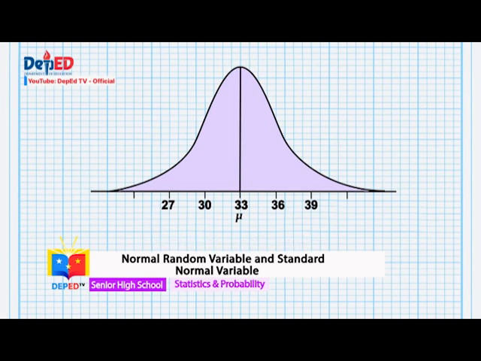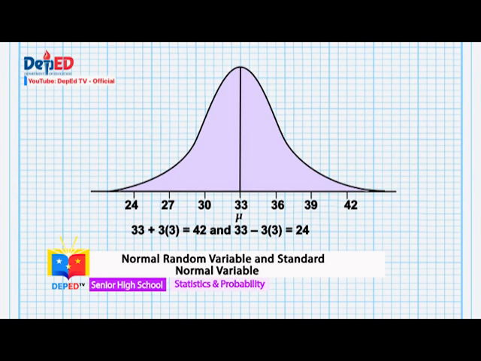Lastly, the values 3 standard deviations away from the mean are 33 plus 3 times 3 equals 42, and 33 minus 3 times 3 equals 24. Now, let's go back to the problem.